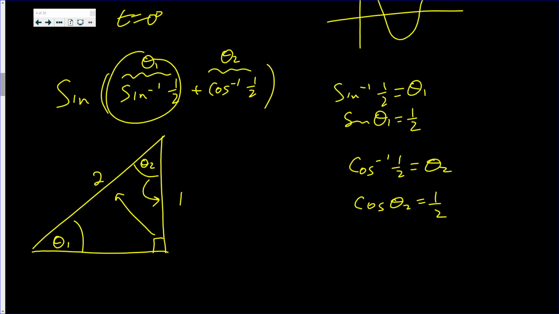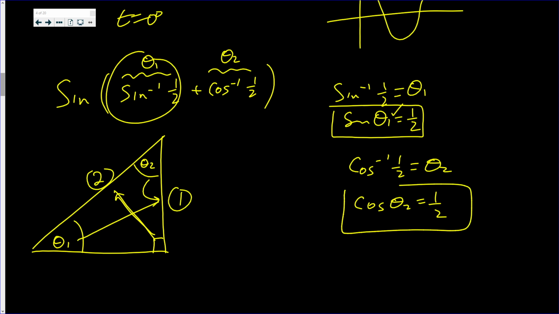Let me be sure. It better be true that the sine of theta 1 is a half. Sine is opposite over hypotenuse. Got it. It's a half. The cosine of theta 2 must be a half. Theta 2, adjacent, yeah, that's 1 over 2. Yeah, that's right. But if this is 90, those two must add up to the other 90.